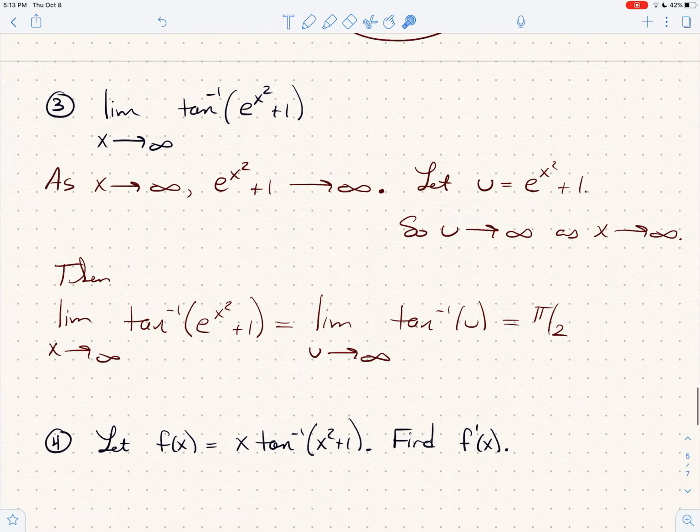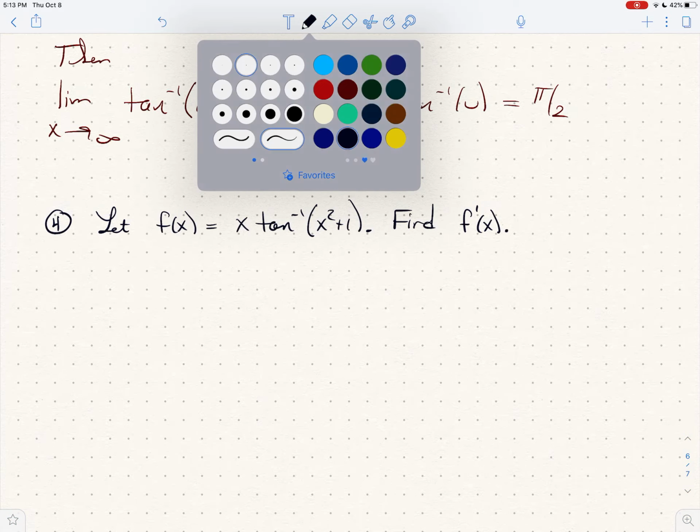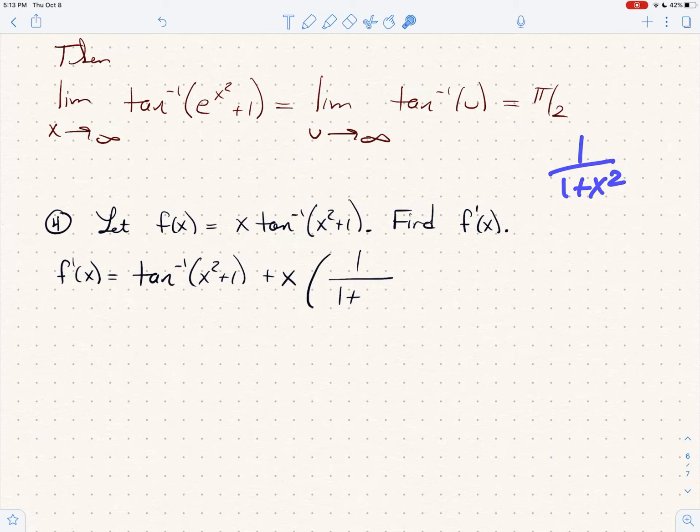Okay, fourth example. Let's take a quick derivative and make sure that we're good to go on this. So f prime of x in this case, I'm going to have to do the product rule. So the derivative of x, we know is 1, times inverse tangent of x squared plus 1, plus x times the derivative of this guy. All right, how do we do that? Well, the derivative of just arctangent of x in general is 1 over 1 plus x squared. I've got to plug the inside into this x squared.